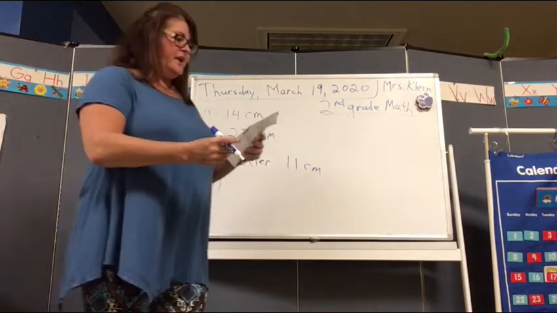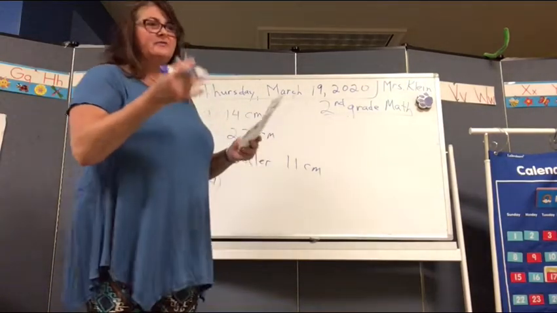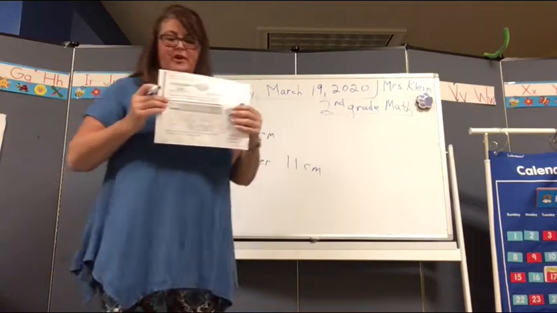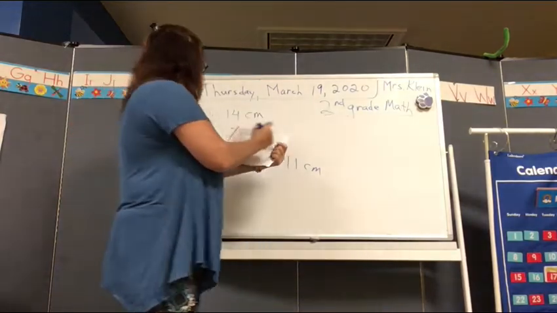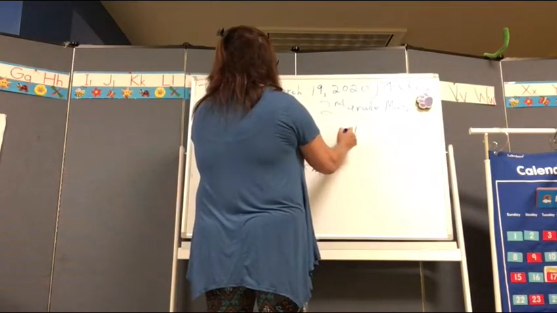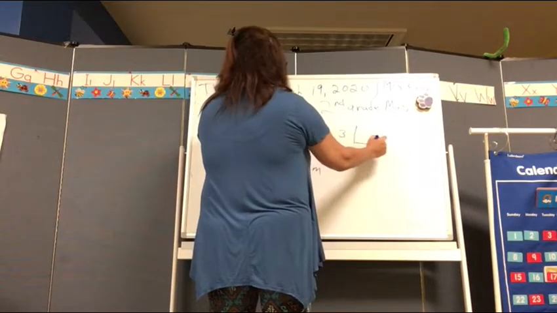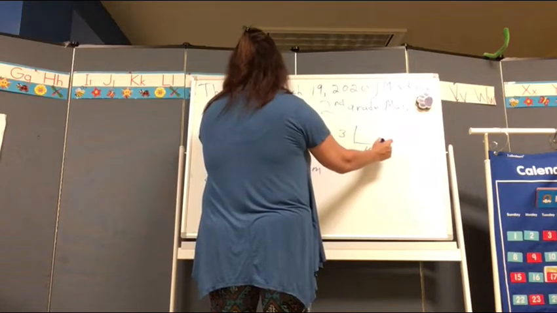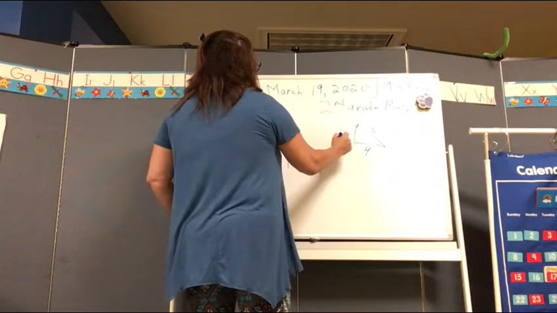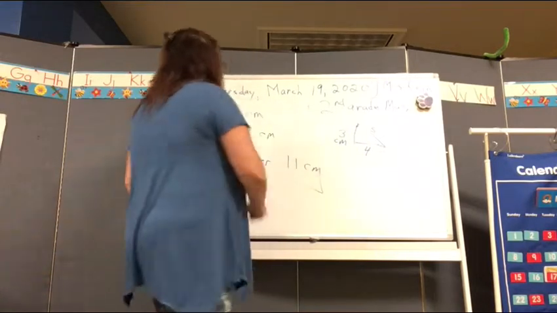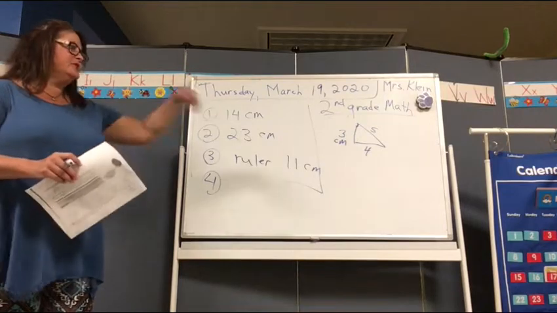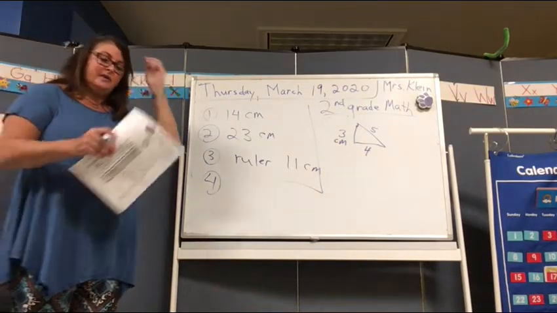So you're going to take a string, well, you don't have to take a string, but pretend you have a string, and the first object here is 3 centimeters this way, then we're going to go 4 centimeters this way, then we're going to go 5 centimeters this way. So, what do you think we have to do with the string in order to measure this object?